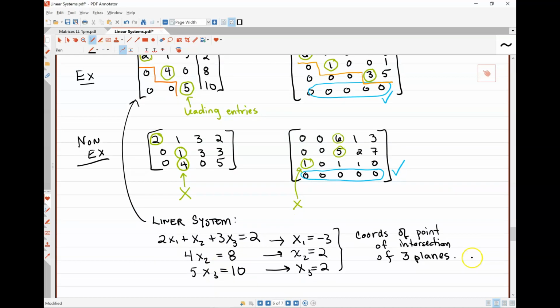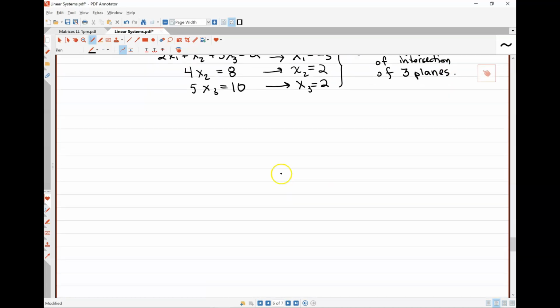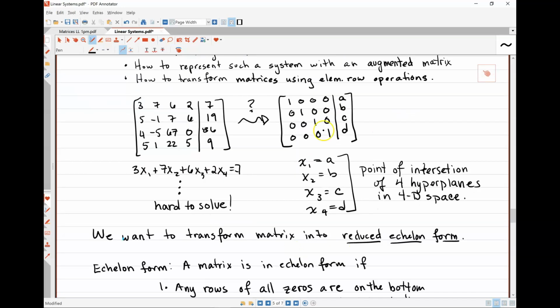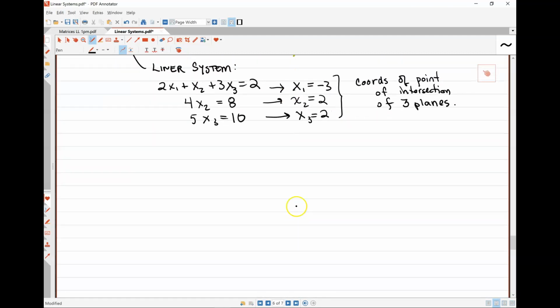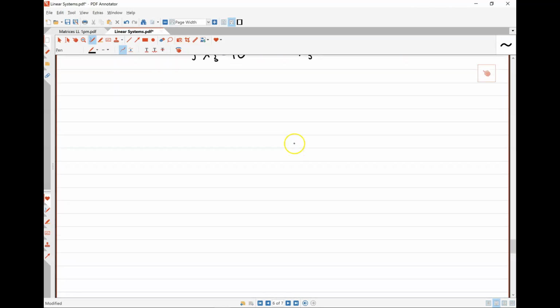Okay, so even nicer than echelon form in terms of linear systems is things like this that we saw up here, where we can just read off the whole solution right away. And that is called reduced echelon form. So reduced echelon form has all the rules of echelon form, that is that the rows of all zeros are at the bottom and the leading entries are always to the right of the leading entries in the rows above.